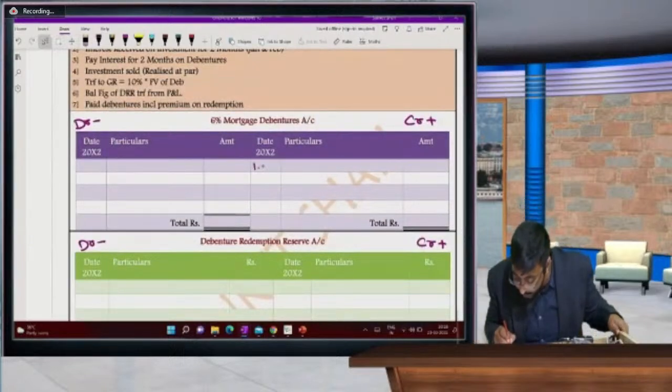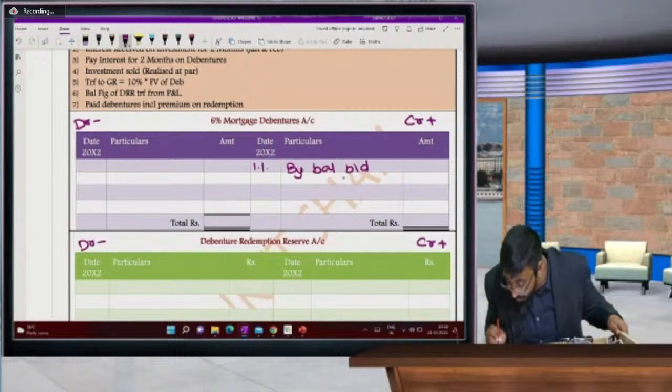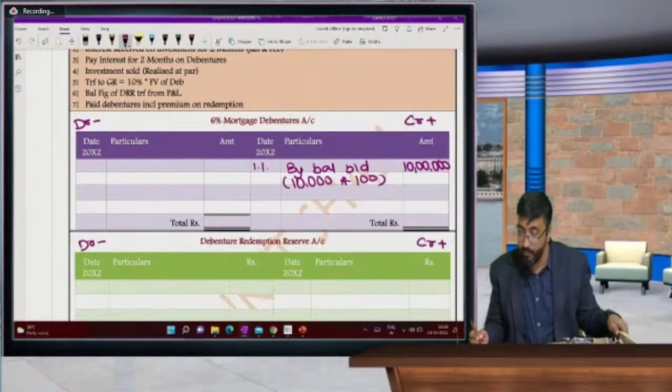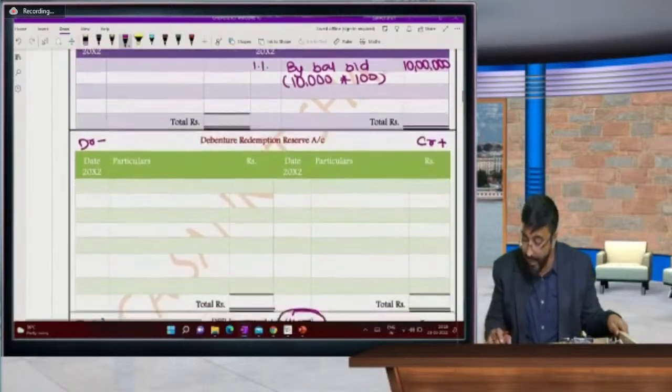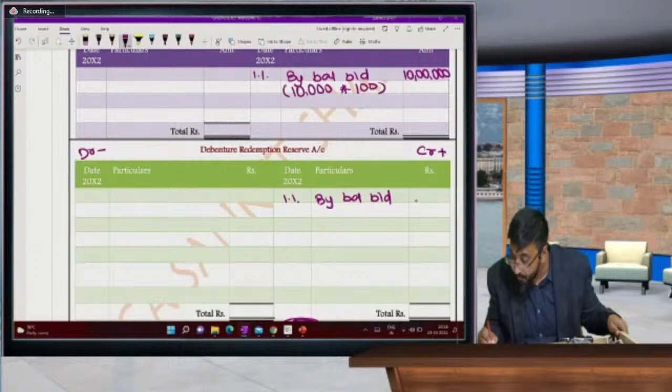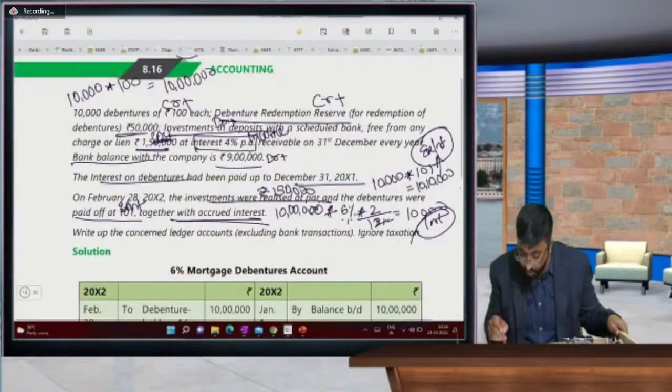On 1st of Jan, by balance brought down, 10,000 into 100, 10 lakhs. DRR, by balance brought down, 50,000 is given in the question. 50,000.